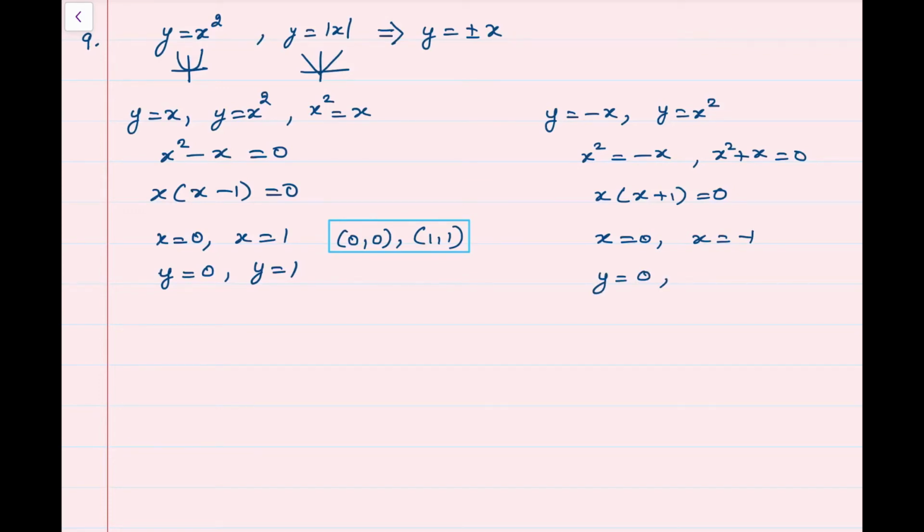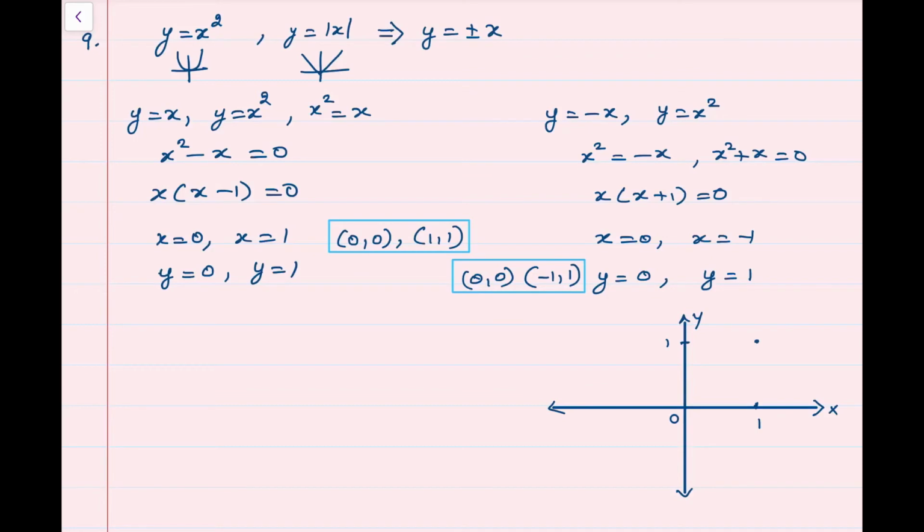Y is minus x here. So, y becomes plus 1. We get 2 points of intersection from this case 0, 0 and minus 1, 1. Let us sketch the graph. 1, 1 is this point, 0, 0 is the origin and minus 1, 1.